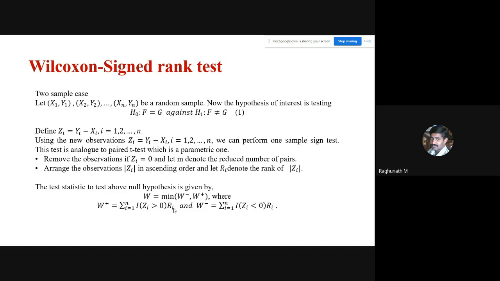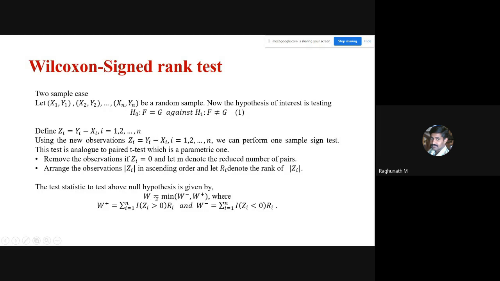Sum of the ranks of all the original positive observations, and the sum of the ranks of all negative observations. You call them W plus and W minus, and then you define a new statistic, that is W equal to the minimum of W minus and W plus.